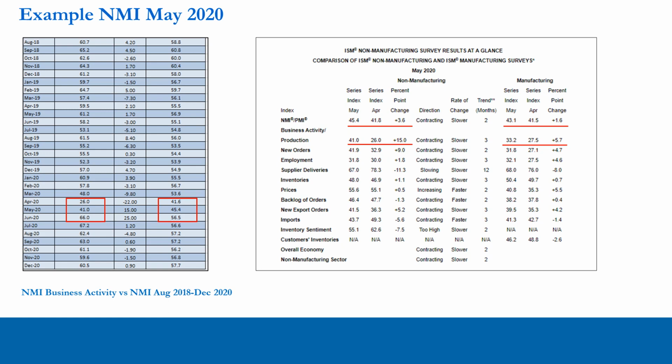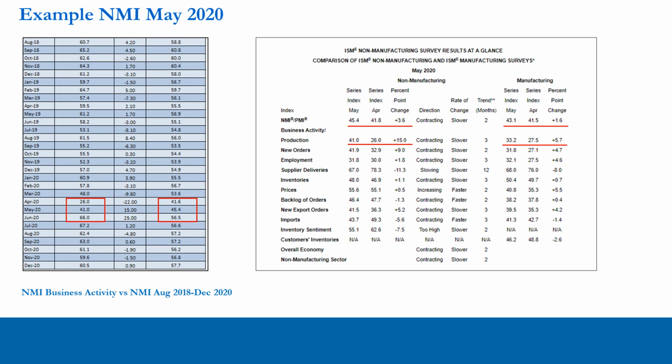How would you read into this? Well, trough conditions have occurred, most likely, and there's been a very hard rebound in the service sector. Even though it's still contracting, it's contracting slower. So we're not out of the woods yet, but you certainly would not have a short bias in your portfolio. You would be long to neutral in the portfolio.